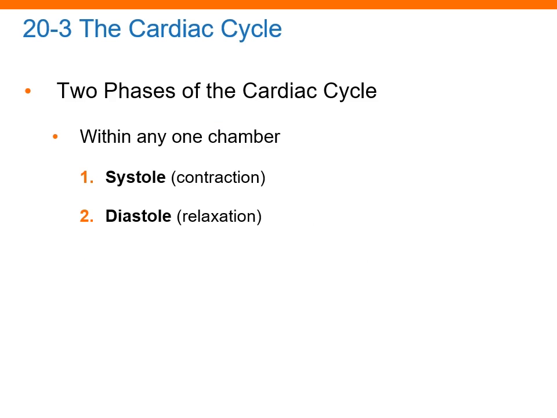The two phases of the cardiac cycle, which could be within any chamber, are systole and diastole. So this could be in the atria, that would be atrial systole, or the ventricle, which would be ventricular systole. Just so you know, the convention is if someone just says systole on its own, they're generally referring to the ventricles because those are what generate the pulse. So systole, again, contraction, diastole, relaxation.